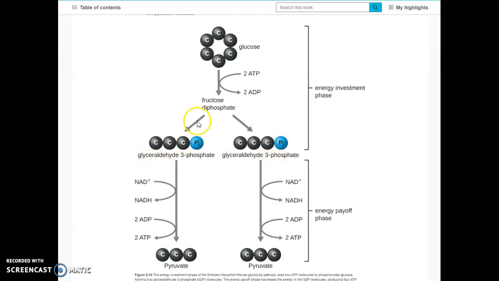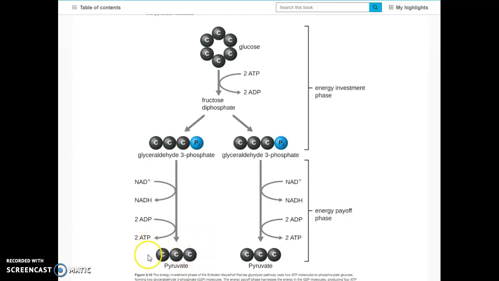We get these intermediates, okay, this glyceraldehyde 3-phosphate, and then we get what's called our energy payoff phase, where we're going to get some energy here. So NAD plus is going to pick up an electron to become NADH, and that's going to happen for each of our molecules here. And then we're going to put in 2 ADP and get 2 ATP out. So we're recharging, okay, we're phosphorylating our ADP to get ATP.